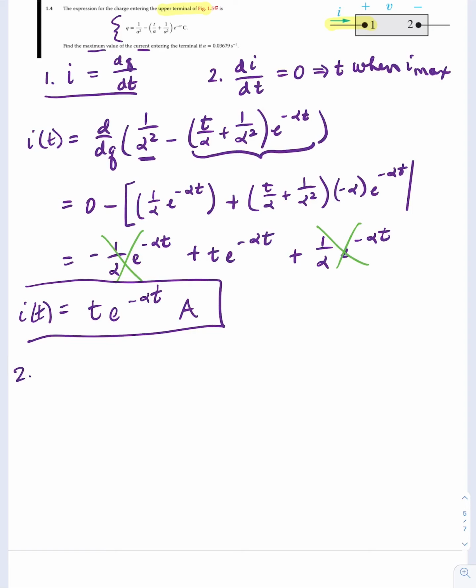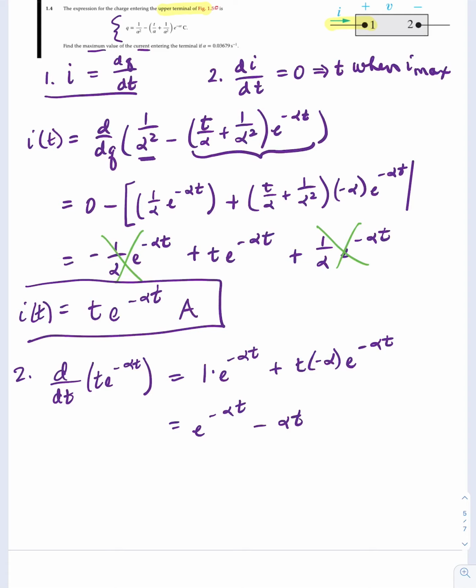So the derivative over time of t e to the minus alpha t is equal to 1 times e to the minus alpha t plus t times minus alpha e to the minus alpha t, and that would give us e to the minus alpha t minus alpha t e to the minus alpha t.